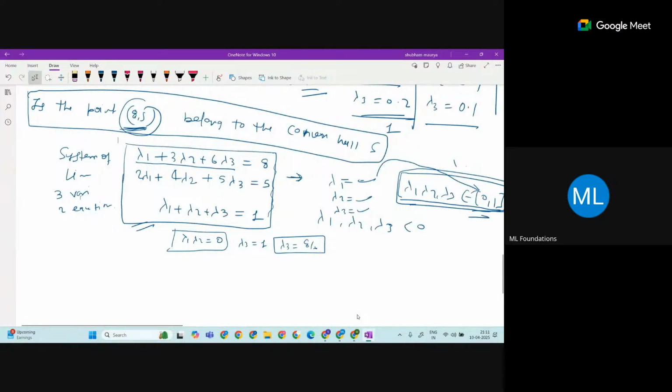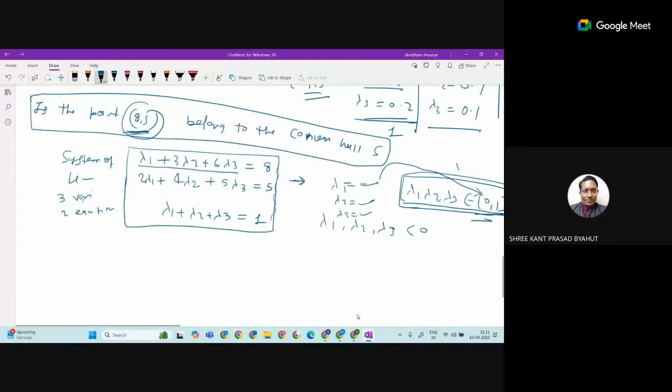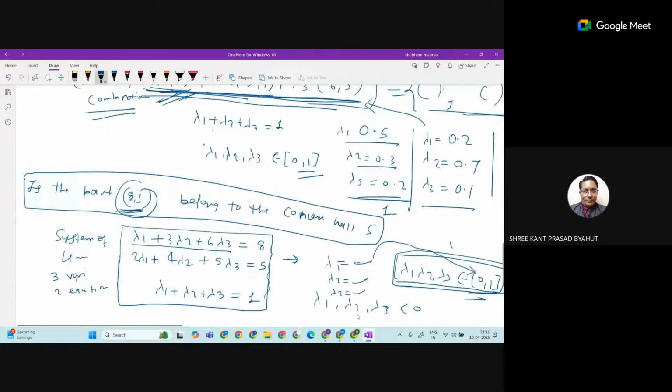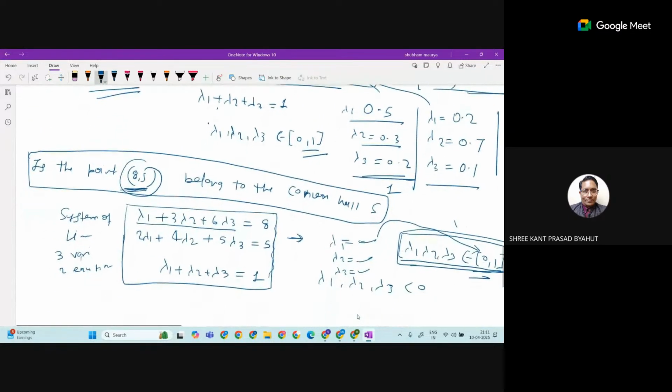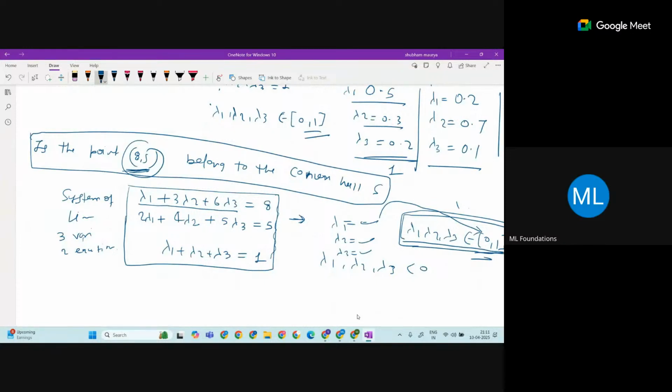Sometimes I solve this by the definition only. Sorry, there is always some confusion in this convex type of topic. When we solve it, sometimes it is not straightforward. So one thing: whenever you are stuck or not able to solve, just follow the definition.